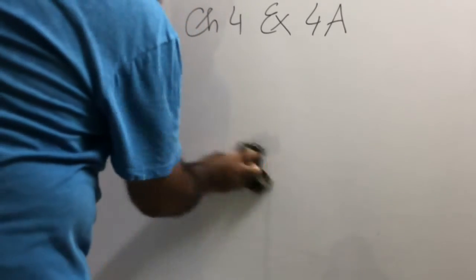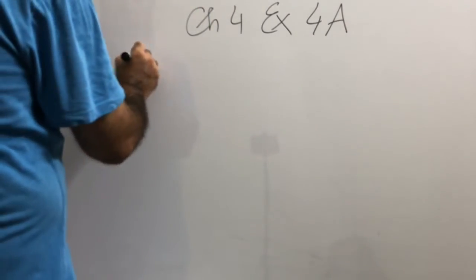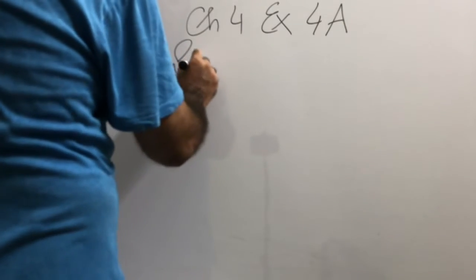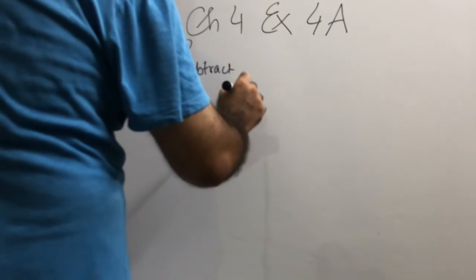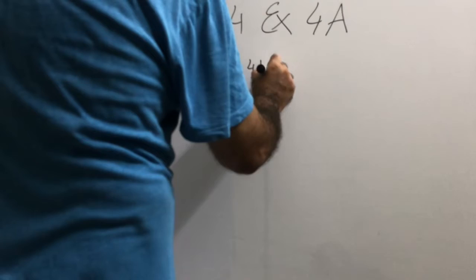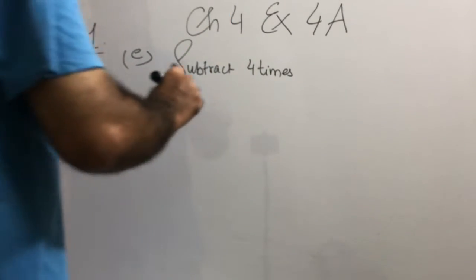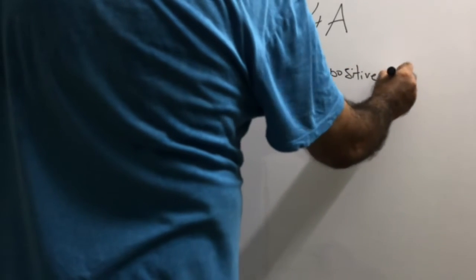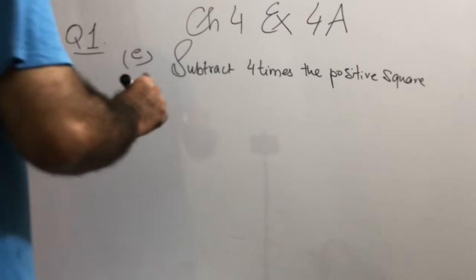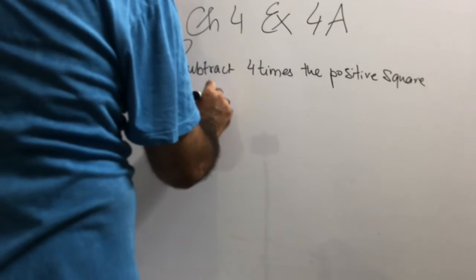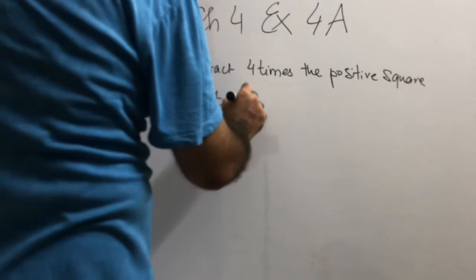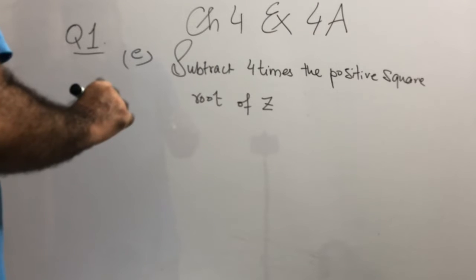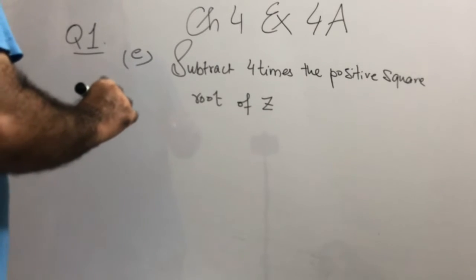Now we will be moving to part E. Part E says subtract 4 times the positive square root of z from the thrice of x.